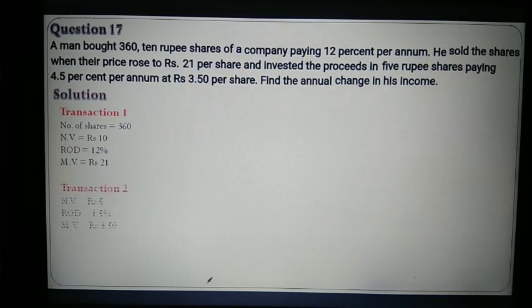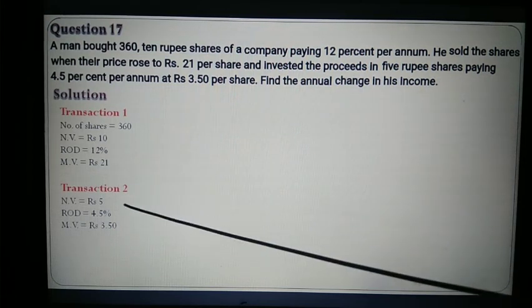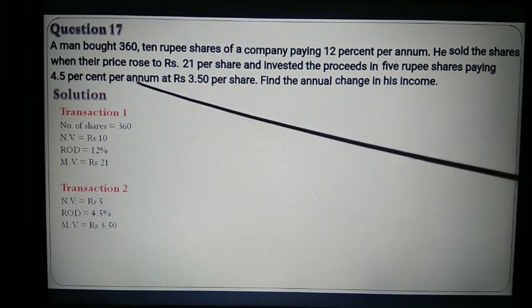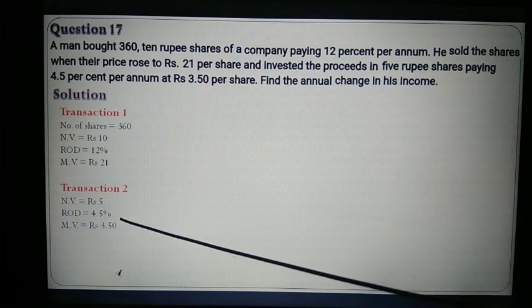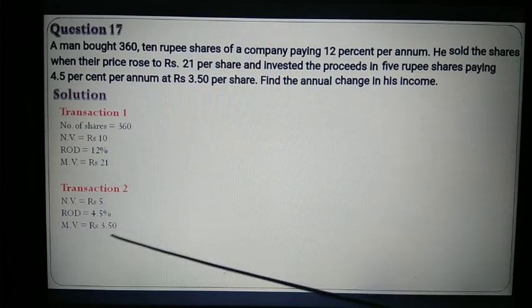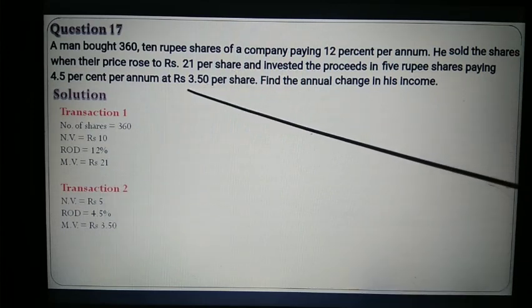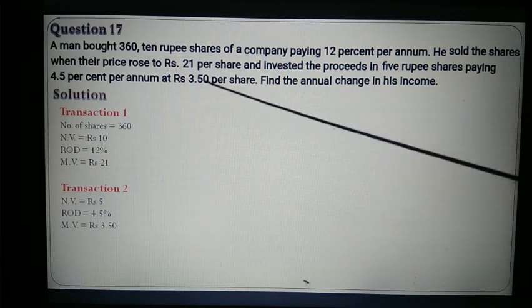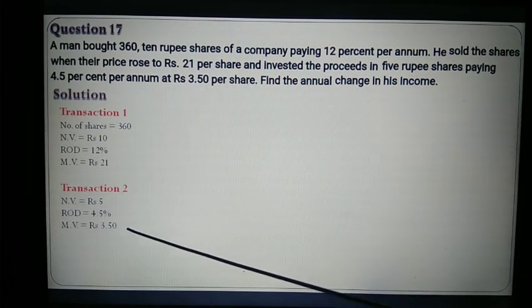Okay, now from transaction 2, what we see is 5 rupee shares means nominal value is rupees 5, 4.5% per annum means rate of dividend is 4.5%, and it is being sold at rupees 3.5 per share. That means my market value is rupees 3.50.